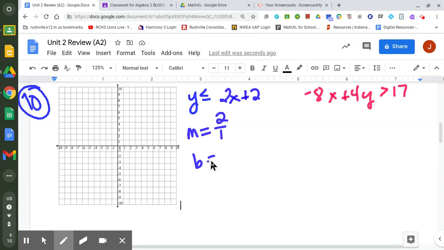The b is 2, which we can write as (0, 2). And so to graph that blue one, I'm going to start at positive 2 and up 2 over 1, up 2 over 1, and I can do that through my entire graph.